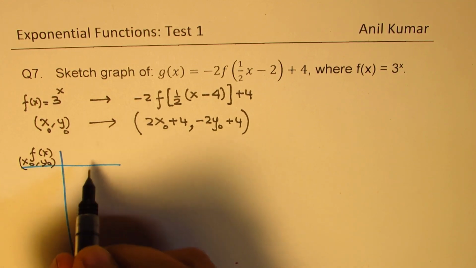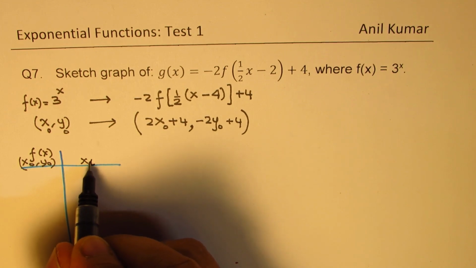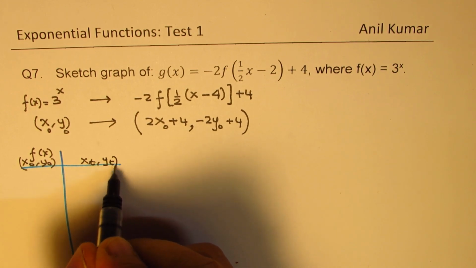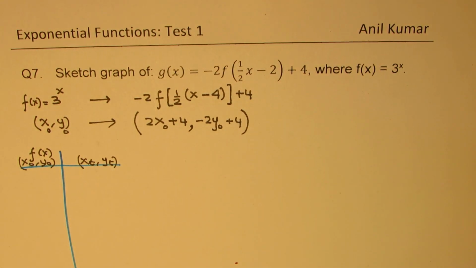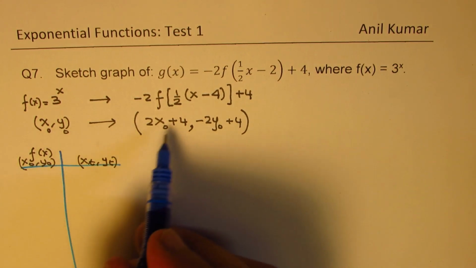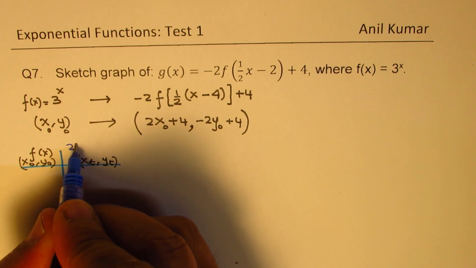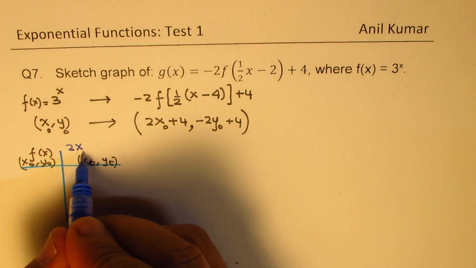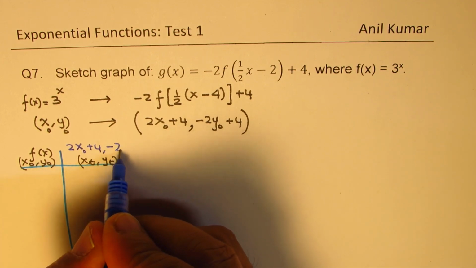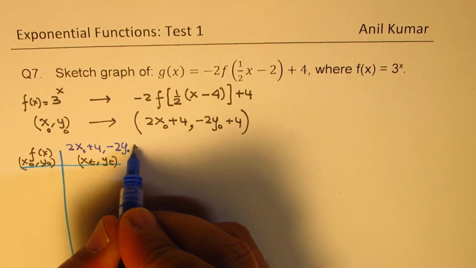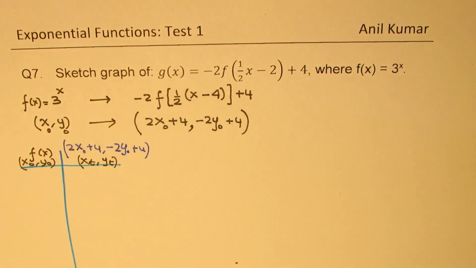Now here we will write down the transformed points. Let me rewrite this: to each value of x we multiply by 2 and then add 4, correct? As far as the y is concerned, we multiply by minus 2 and then add 4, right?